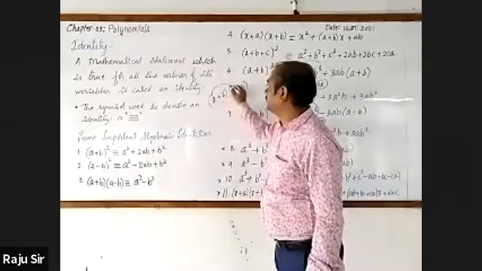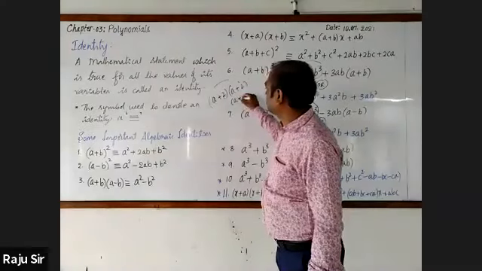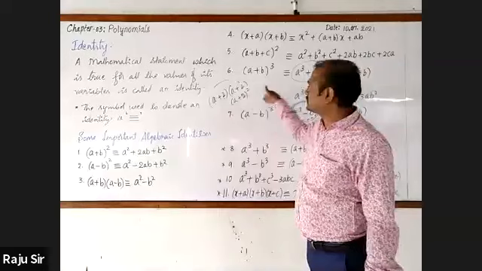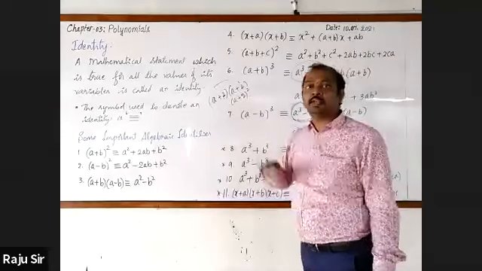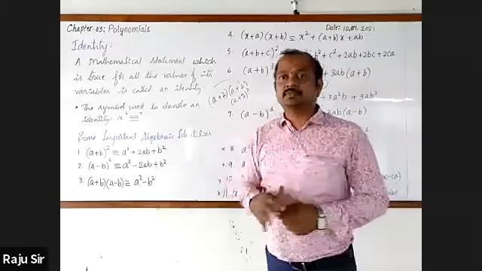Will you multiply a into a, a into 2, 2 into a, 2 into 2? No, sir. This is repeated 2 times. It can be written as a plus 2 whole square. You can use the identity: a square plus b square plus 2ab, that is a square plus 2 square plus 2 into a into 2, 4a. Got it? To write in the shortest or simplest form, we use the identities.